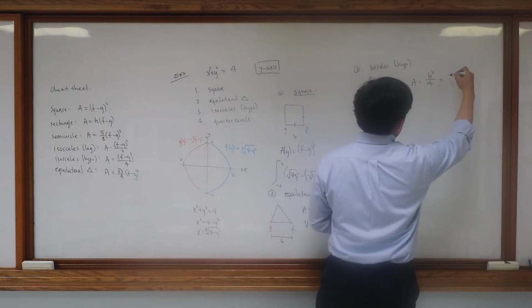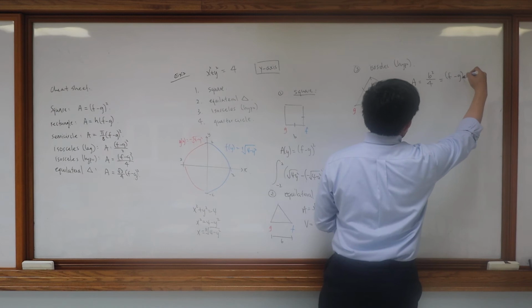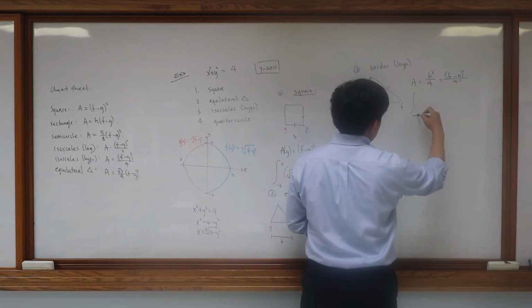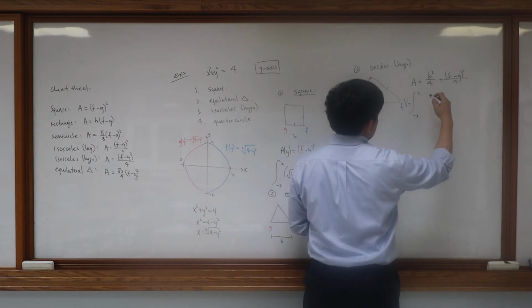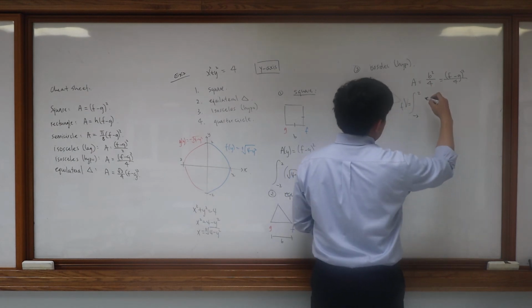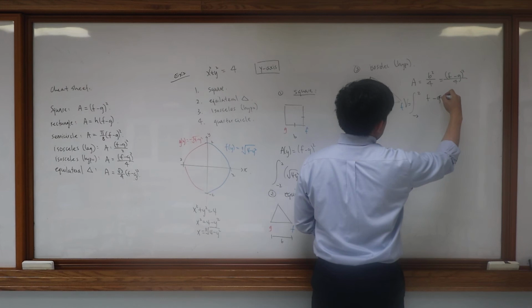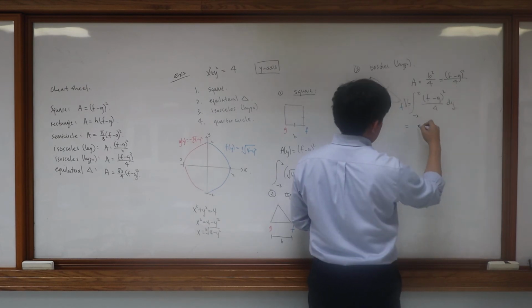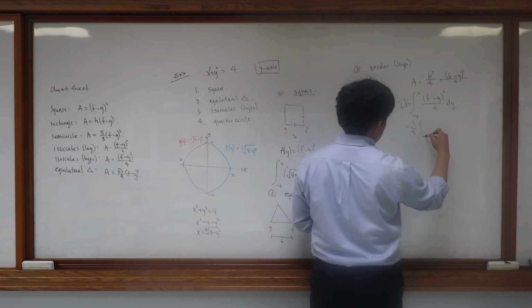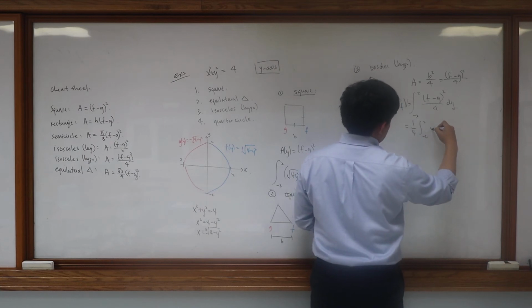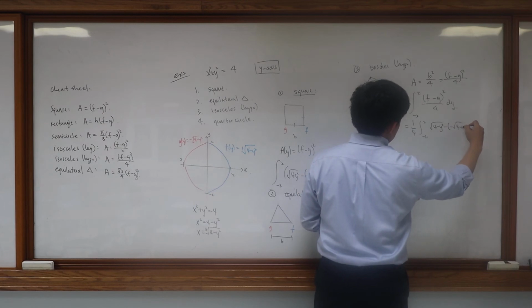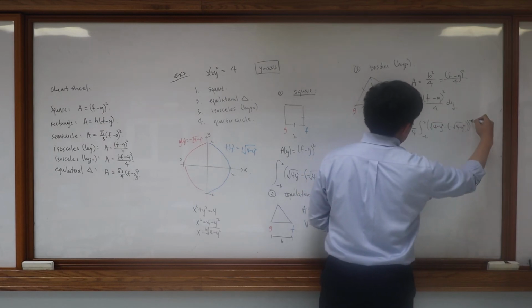In this case, it's going to be f minus g squared divided by 4. So that means the volume is equal to the integral from negative 2 to 2 of f minus g squared divided by 4 dy. In that case, it's going to be 1 over 4, integral from negative 2 to 2, square root of 4 minus y squared minus negative square root of 4 minus y squared, the whole thing squared dy.